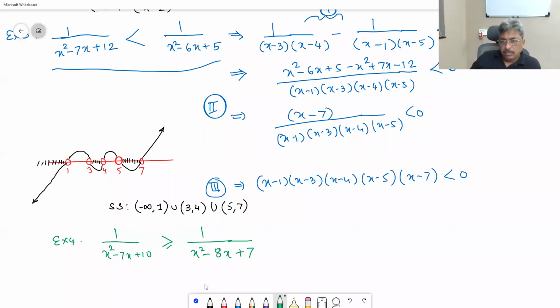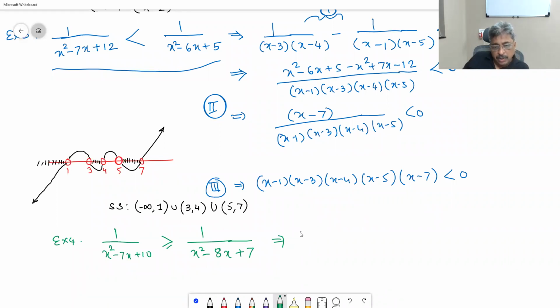This is exactly similar to the earlier problem, except there are two things which have happened in this problem. One is that equality got added, and once you cross multiply and simplify, you get a slightly different looking factor. So let me write down what you get after cross multiplying.